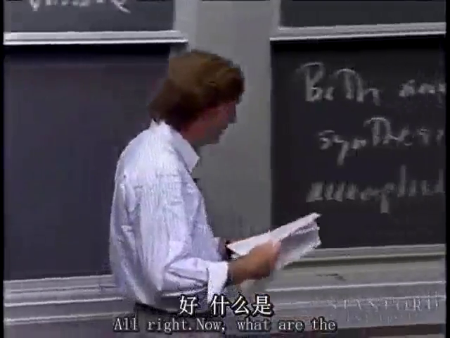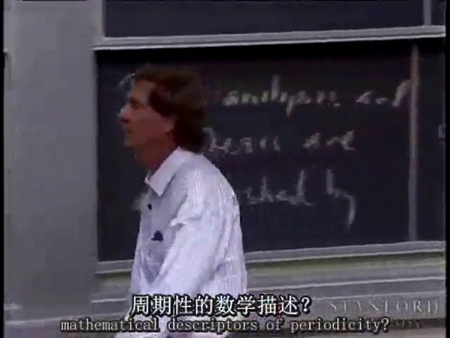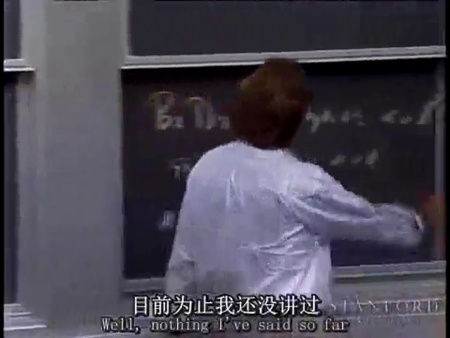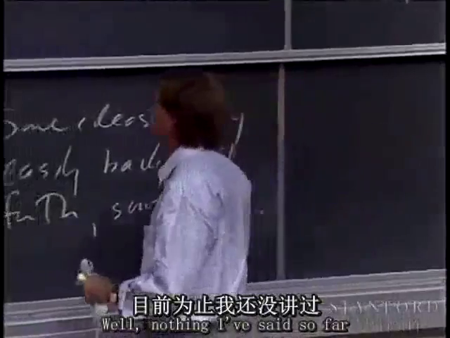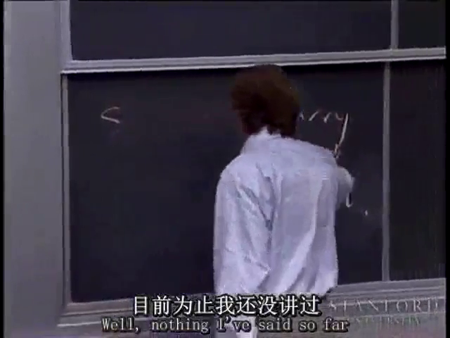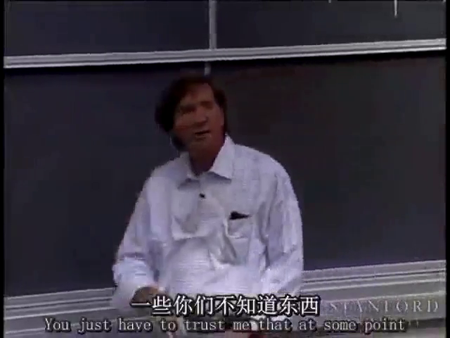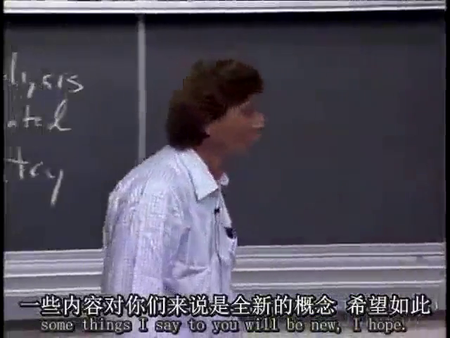All right, now, what are the mathematical descriptors of periodicity? Well, nothing I've said so far, I'm sure, is new to you at all. You just have to trust me that at some point, before you know it, some things I say to you will be new, I hope.